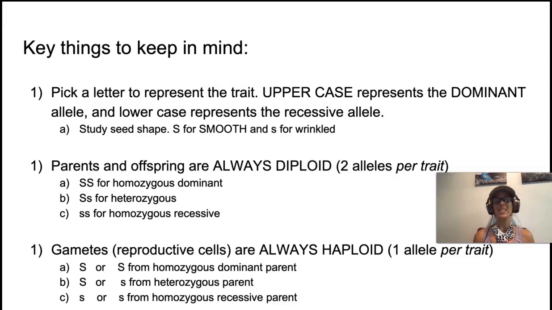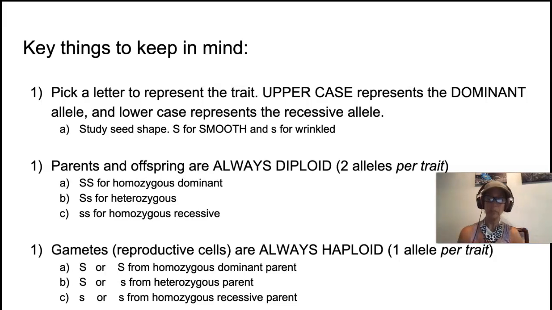So if we were studying seed shape and smooth is the dominant characteristic, we would use an uppercase S for smooth and a lowercase s for wrinkled, not a W. Keep the same letter. We could pick any letter. I could have said X is for smooth, so uppercase X is the smooth allele and the lowercase x is the wrinkled allele.